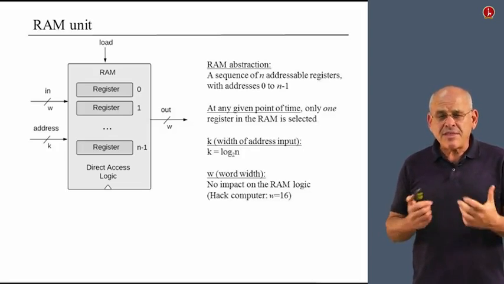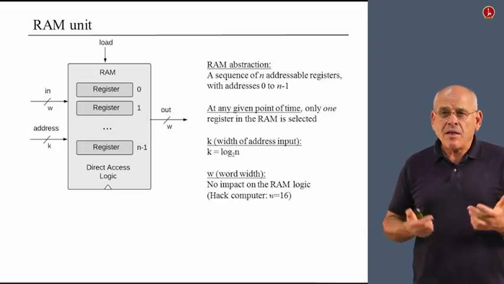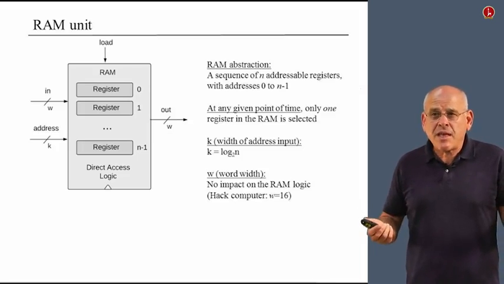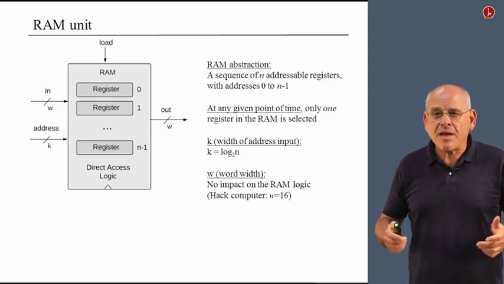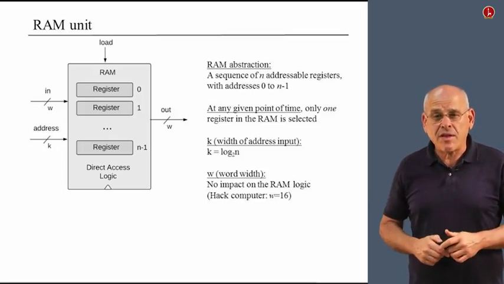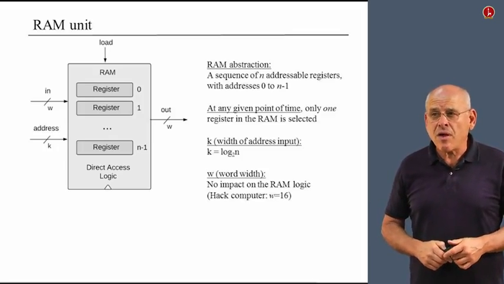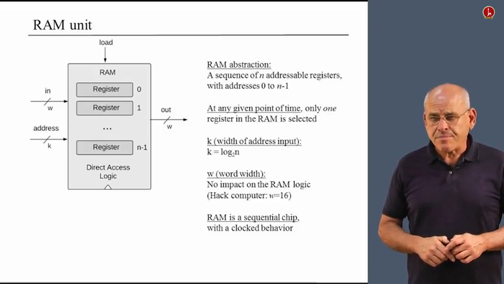And finally, we have this W, which, as I said before, is not terribly interesting. W in our computer happens to be 16, but if you want, we can make this W equal some other number like 64, and everything that we say from now until the end of the unit will be just the same. So without loss of generality, W equals 16.